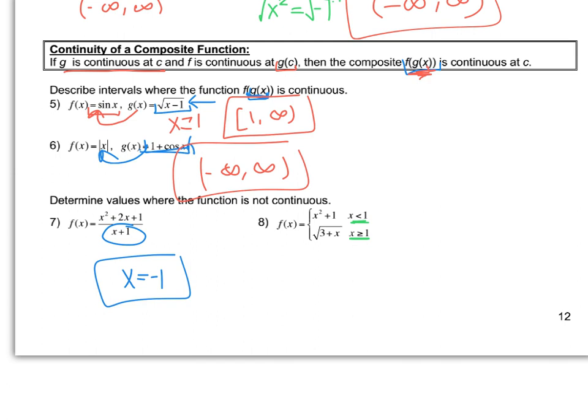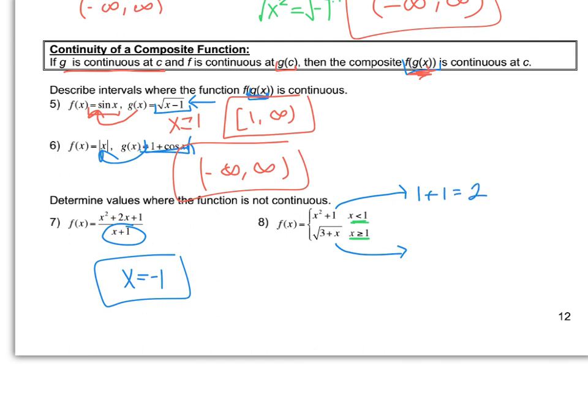The two pieces of work we need to do are figure out what the function equals when you plug 1 into the first piece, and then when we plug 1 into the second piece. If their output is the same, then it's a smooth transition from one piece of the graph to the second. When we plug 1 into x squared plus 1, you get 1 squared plus 1, which is 2.